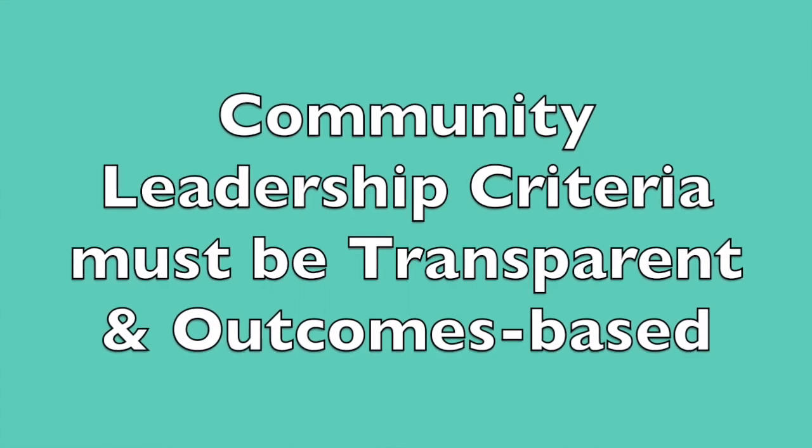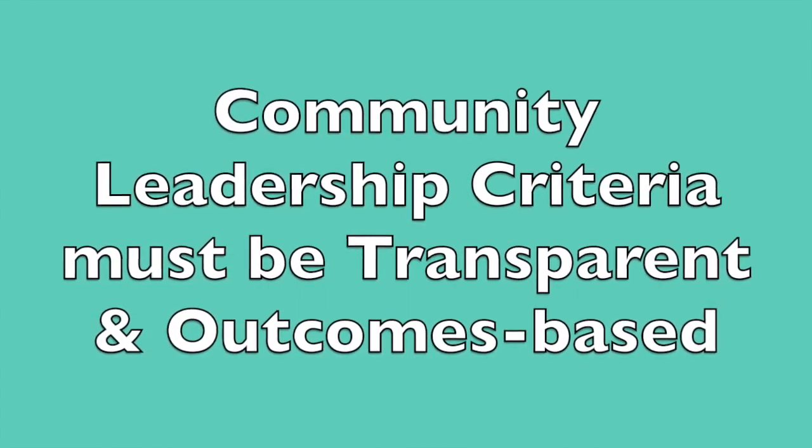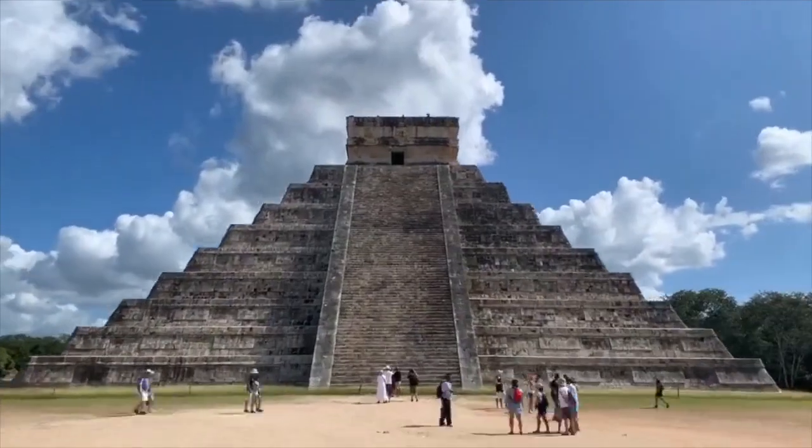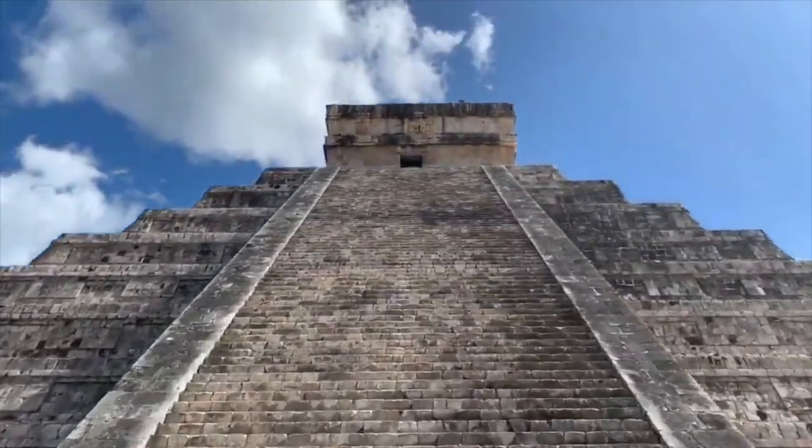It was a really rough adjustment, but there is a really simple way to manage this. And all that is to define what it means to be a leader in the community. Make it transparent, make it outcomes based, and show the steps that anyone could take to attain that recognition as a leader.